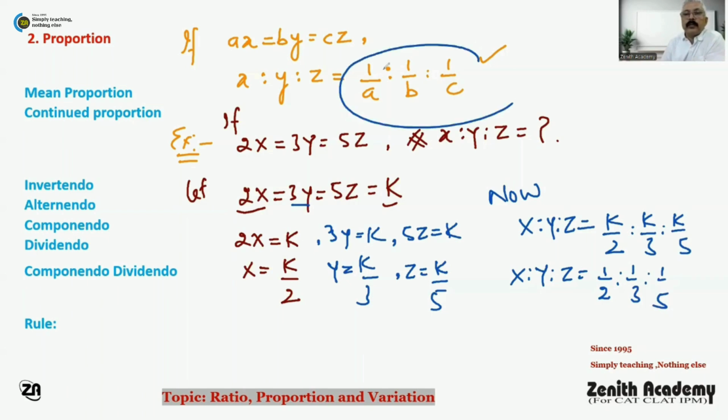This means the ratio between x, y and z is the reciprocal of the coefficient of x, the reciprocal of the coefficient of y, and the reciprocal of the coefficient of z. So you can do it directly.